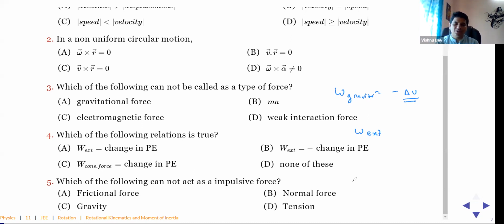Tell me. Against gravity, right, yes or no? So we know that work done by external agent is always negative of work done by gravity, yes or no? So tell me, what is the answer? I hope all of you understood, that's why the answer is A.